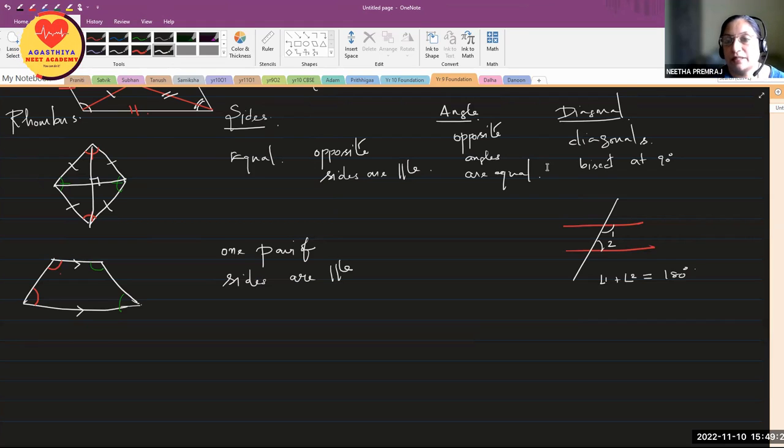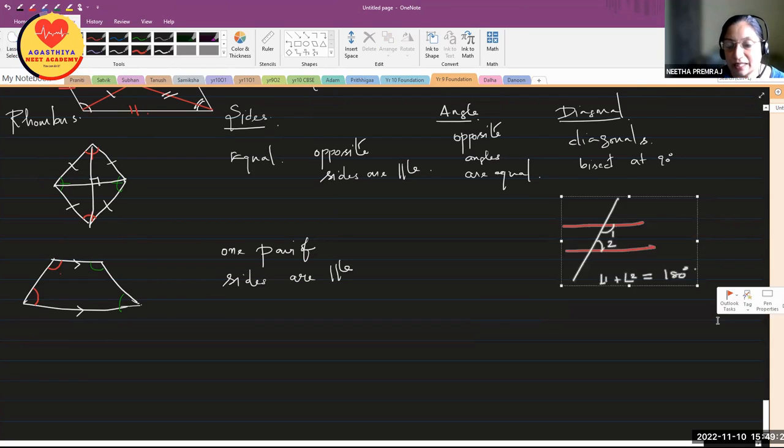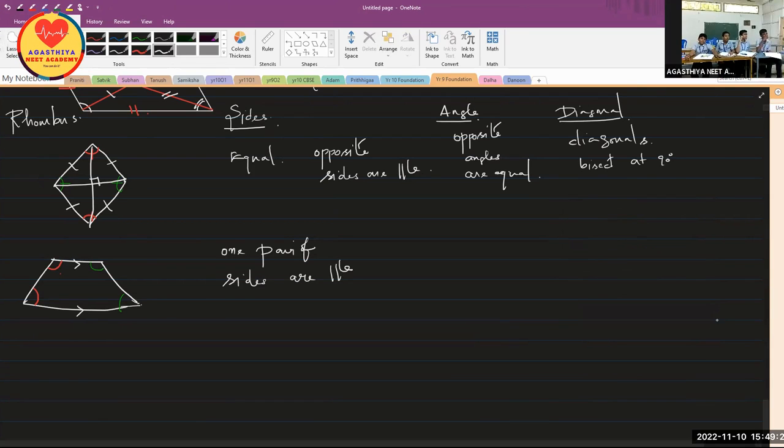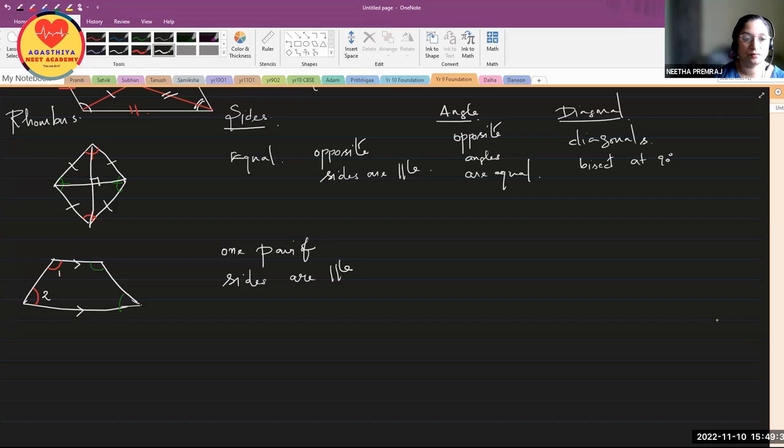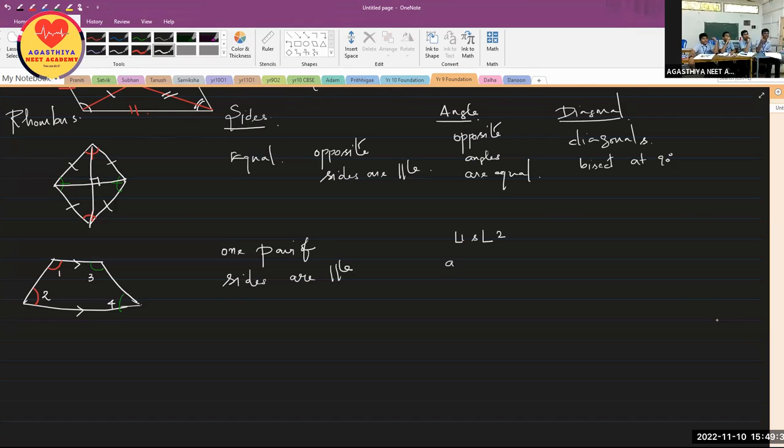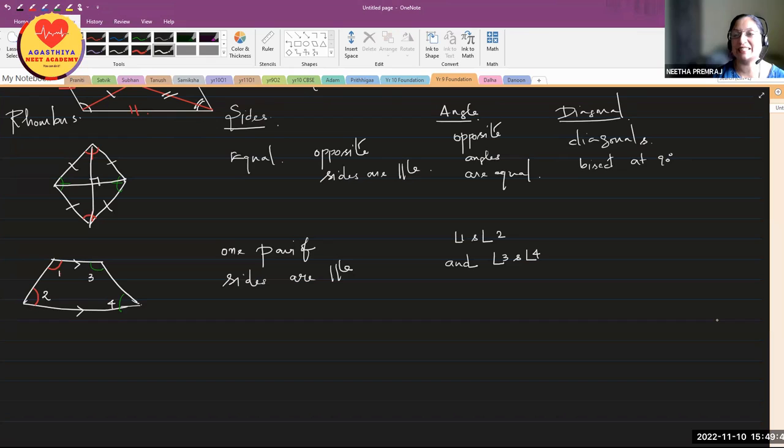Okay. Next, what else you could say? What about the diagonals? Bisect each other. No. They don't bisect.